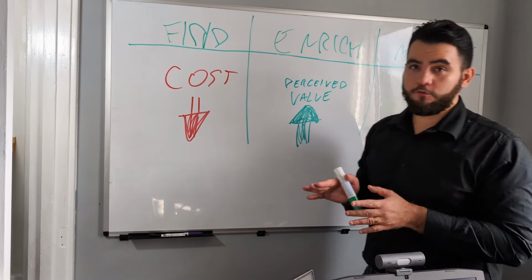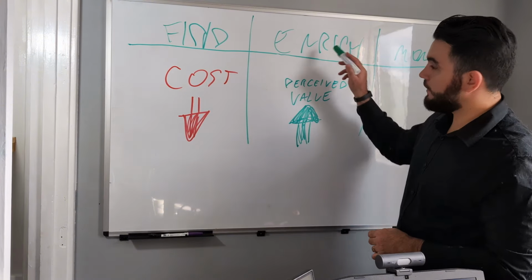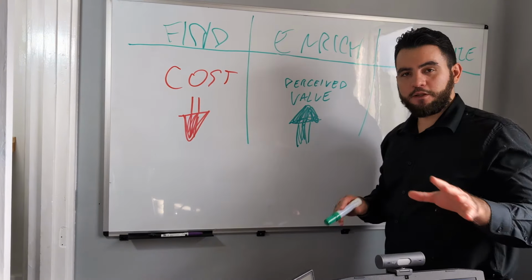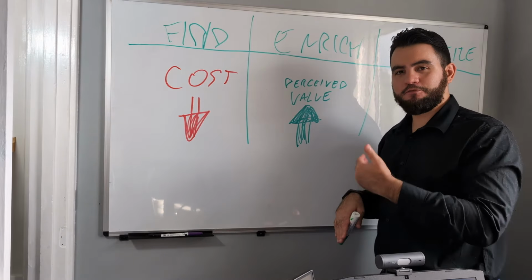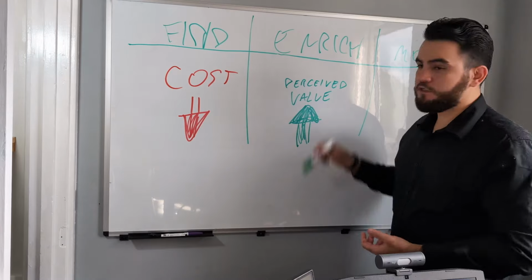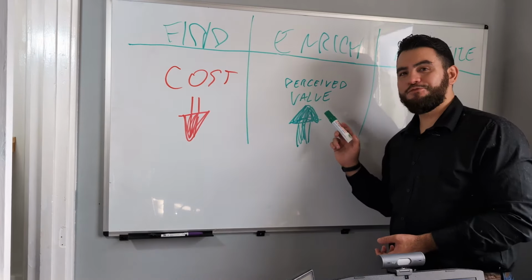After we find the right people, and not before, we change to the enrichment phase. Don't worry, I'm going to explain how it really works technically and the specific things and assets we use in each of those phases. In the enrichment phase, we increase the perceived value.